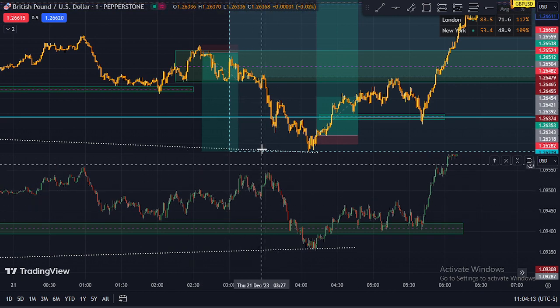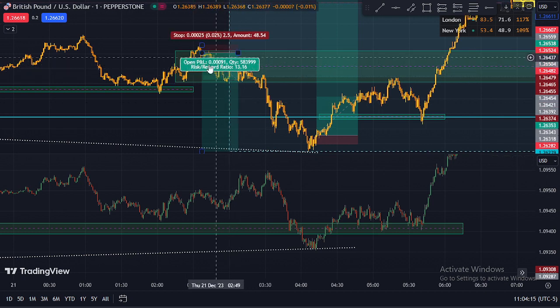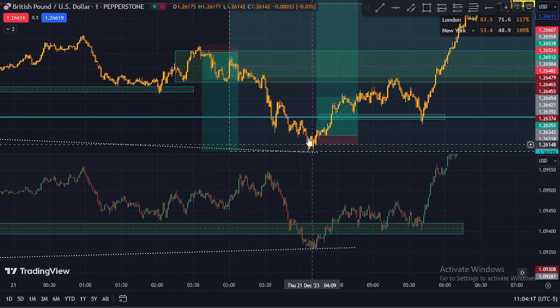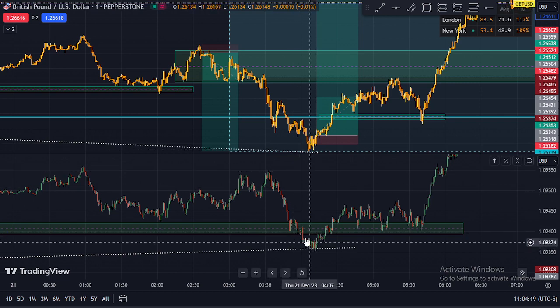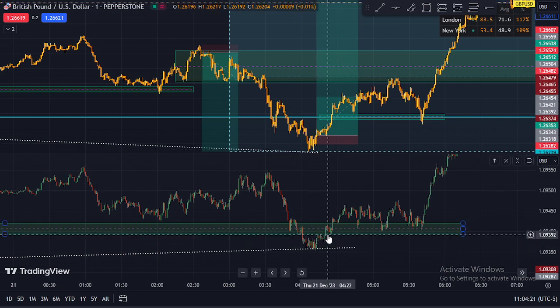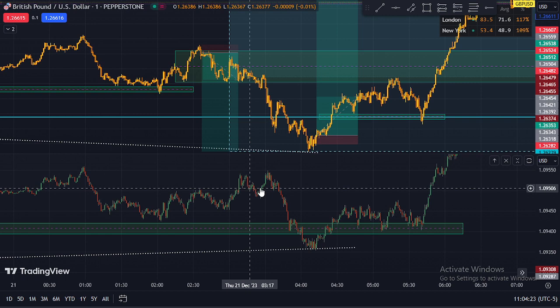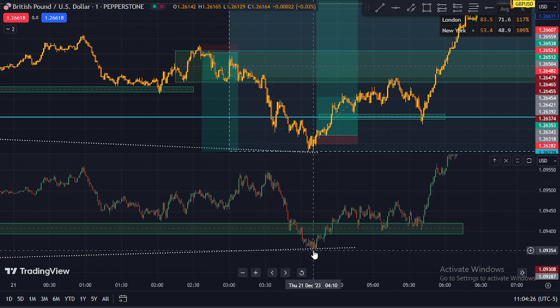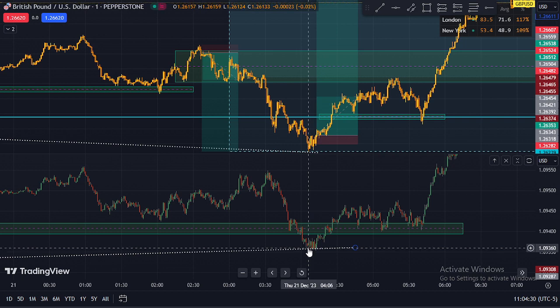So this one was the best to trade, because it made a lower low. But in terms of buying, we buy this. So we had quite a nice run into the 4 o'clock.